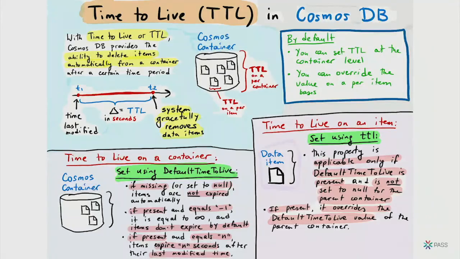Time to live. We talked briefly on that earlier about forcing a value on a database or container level, or individually on a document level, about how long that document should be active for. And when it's basically inactive, or when it's elapsed its time period, it can then be purged by the system at some point.